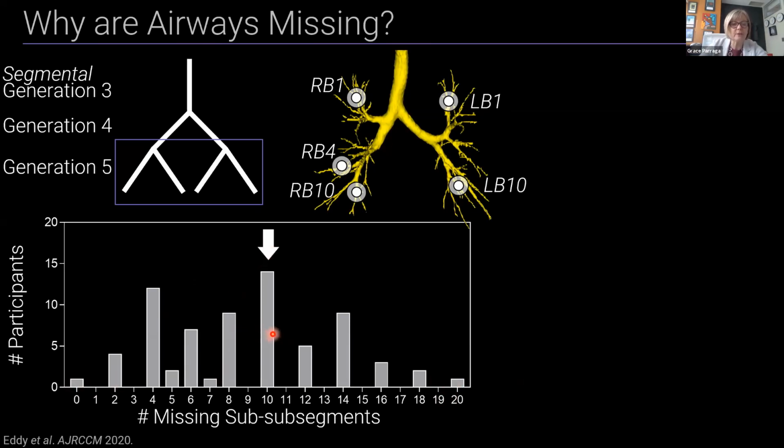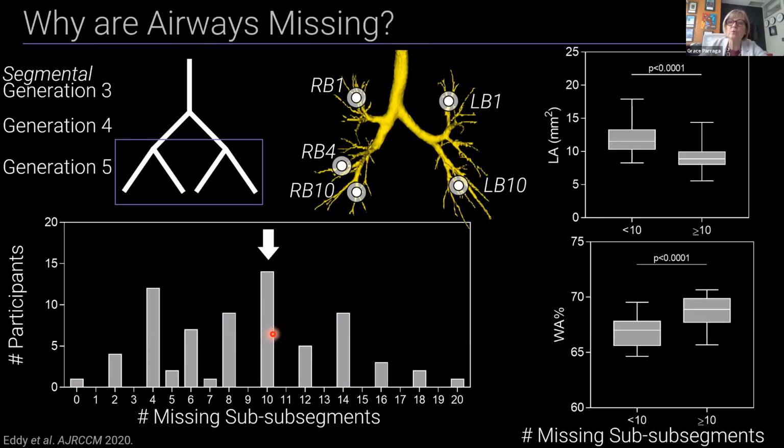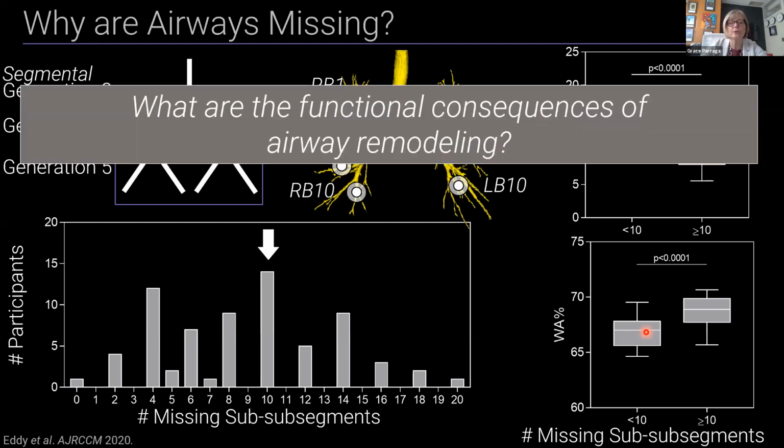If you dichotomize them by this number 10, you can readily see that when you have fewer than 10 subsegments missing, you have more normal lumen capacity for air, and you have a much more normal wall area percent. So in summary, this work shows that airway remodeling in asthma is associated with airway termination too.